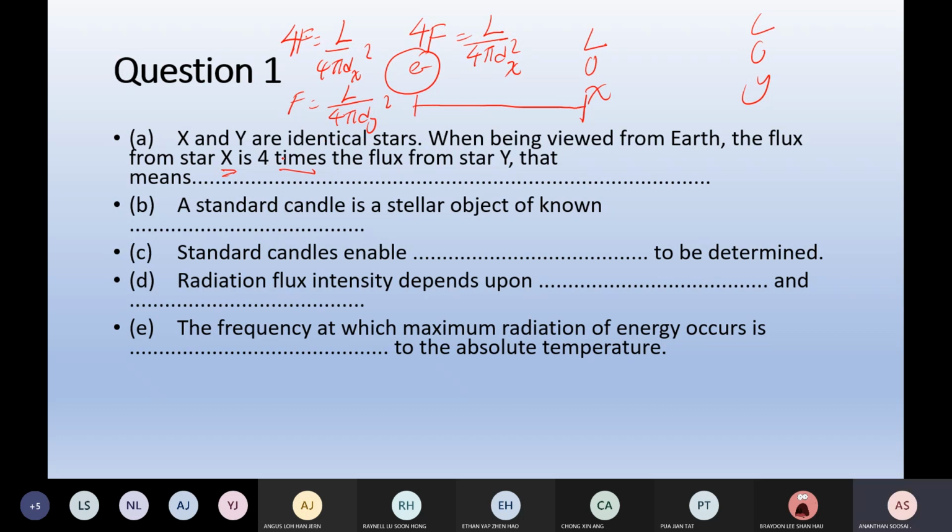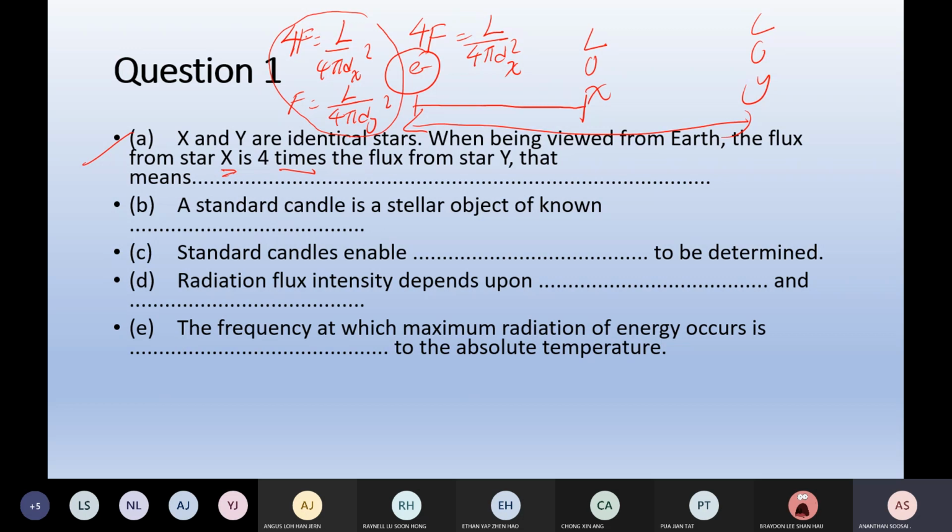So, from the first answer, you should know Y is 2 times further away from X. How do you get to know? From the flux formula. Luminosity is the same, and the nearest one will give greater flux. So star X should be nearer and Y further.